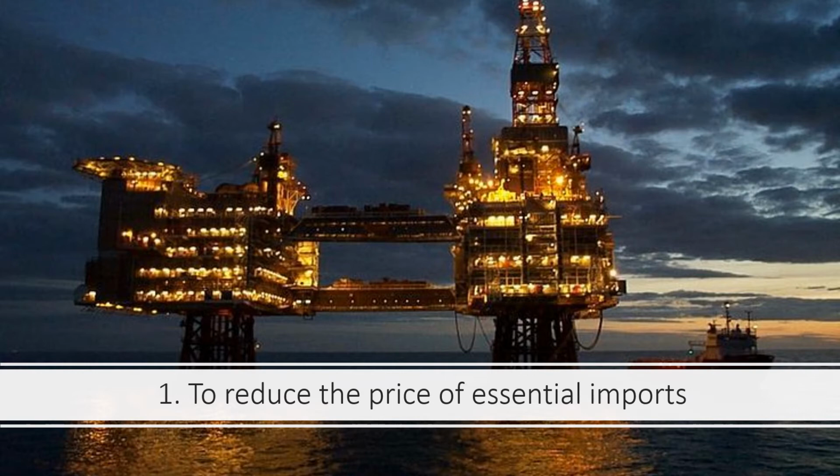And that could be important if you're importing things like oil or food. It could help to improve the standard of living of the poor, who maybe spend quite a lot of their income on food or petrol, diesel, heating oil, etc. So you could try to fix the exchange rate at an artificially high level as a way to reduce the price of essential imports.